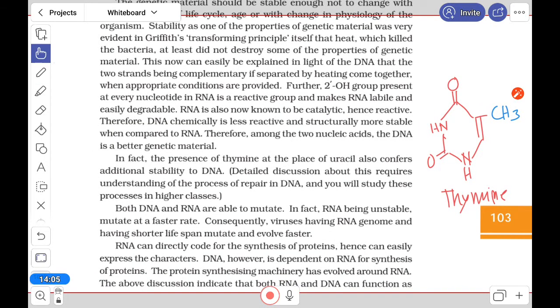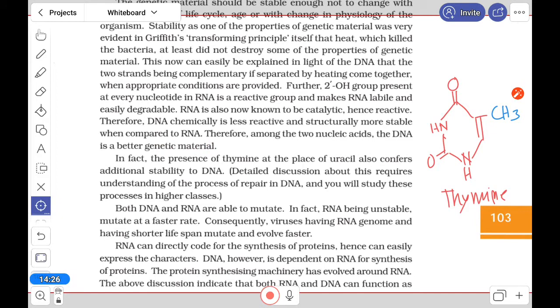DNA is chemically less reactive and structurally more stable if we compare it with RNA. Therefore, among these two nucleic acids, just know that DNA is the better genetic material.